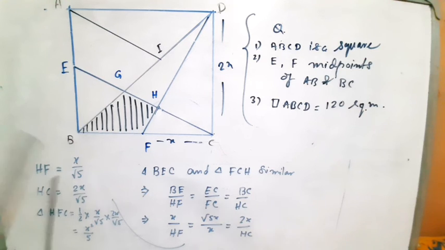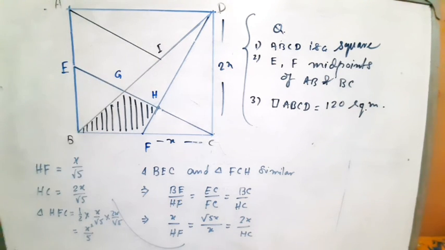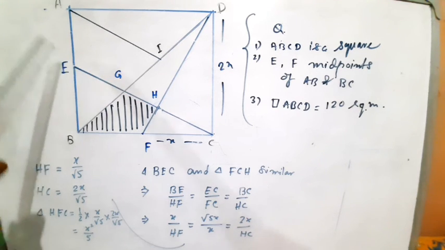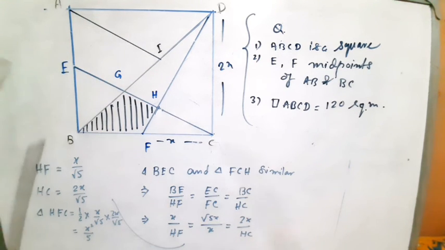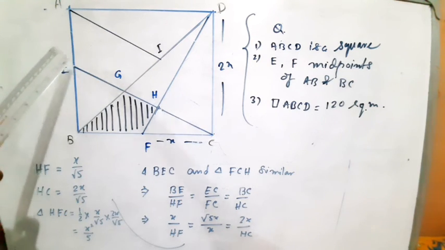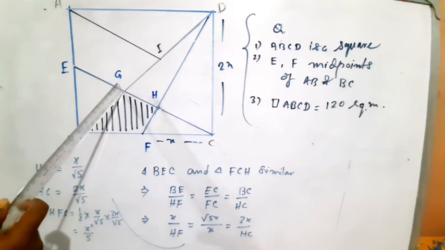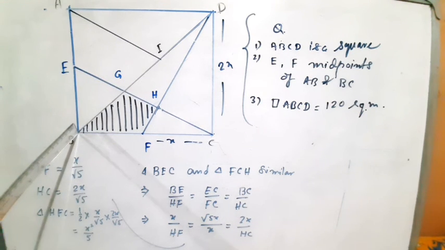We know a basic theorem. ABI is a triangle, E is the midpoint of AB, and EG is parallel to AI. So G is the midpoint of BI. Clear?